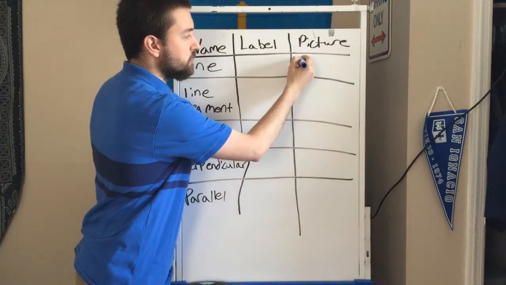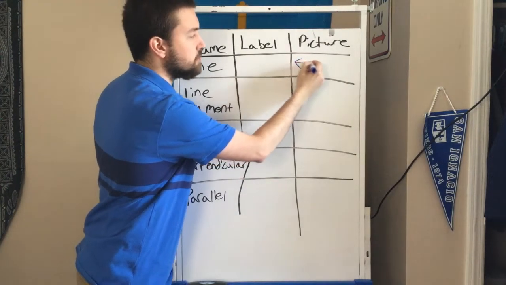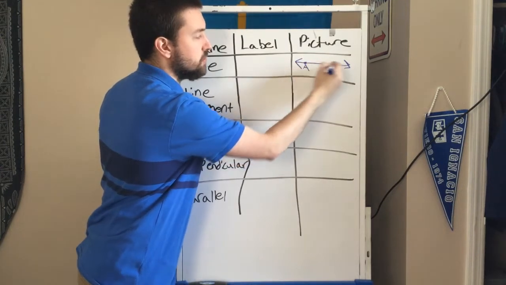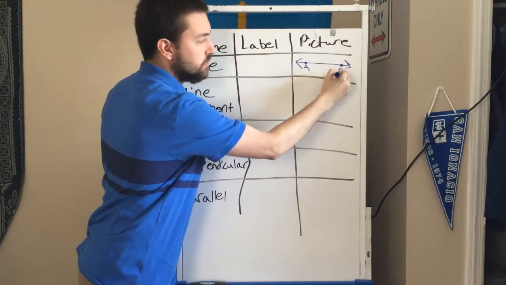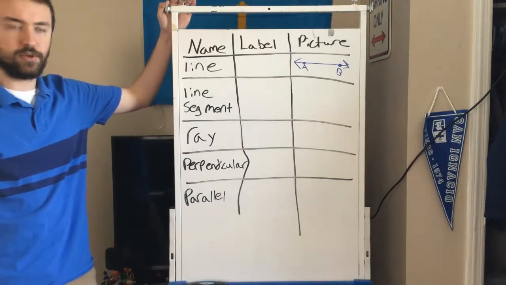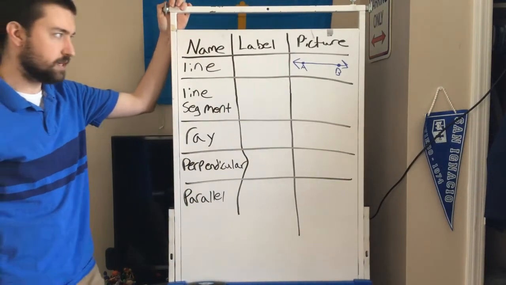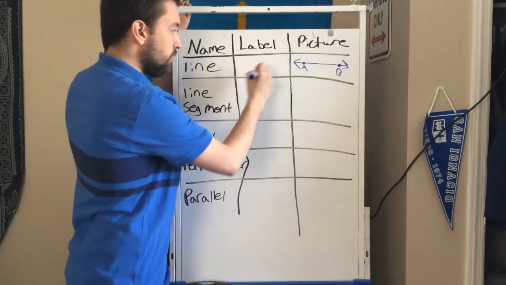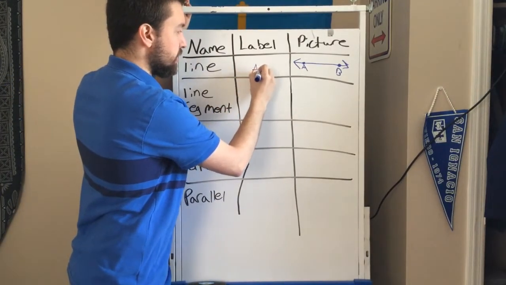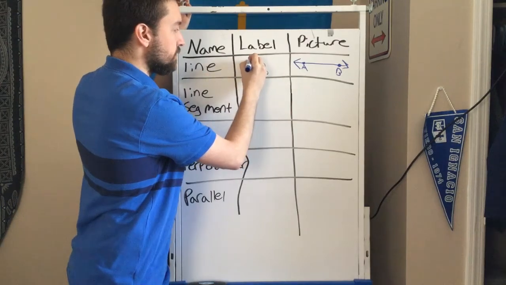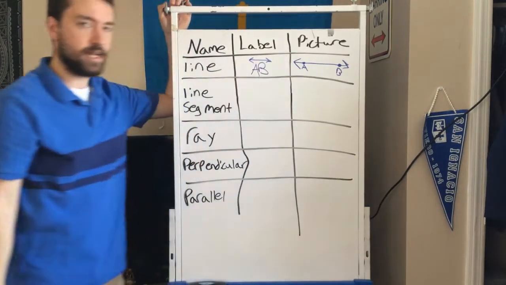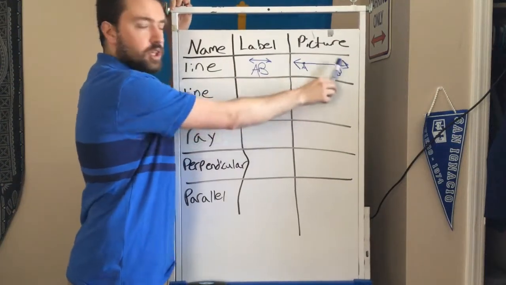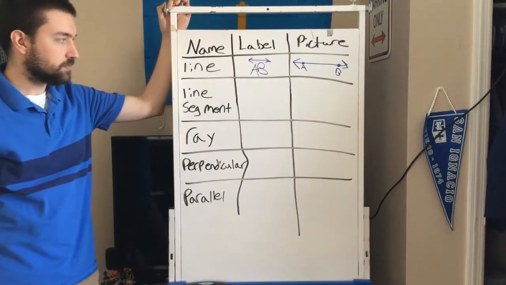That's why whenever we see a line, there has to be an arrow on both ends. I'm just going to do a couple points in here, because this line passes through points A and B. If we were to write that, label line AB, it would look like this: the A and the B together with a line on top. That says line AB. And this is what it would look like in a picture.